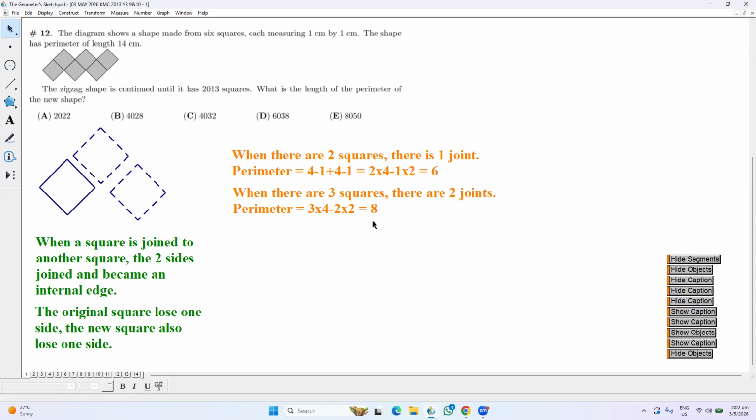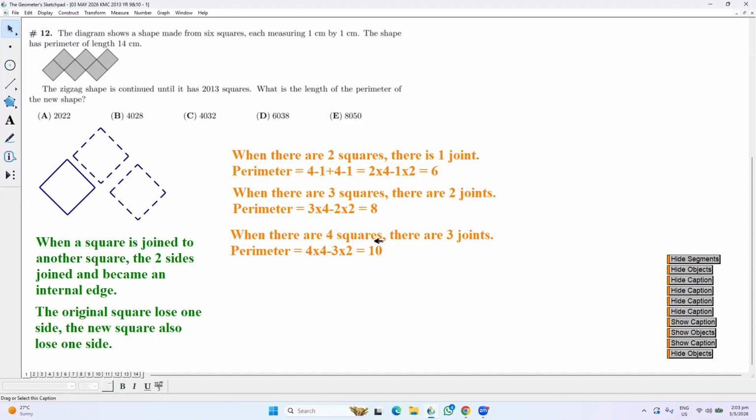So you get perimeter 8, which we can count: 1, 2, 3, 4, 5, 6, 7, 8. This is to check the pattern that we are trying to establish.